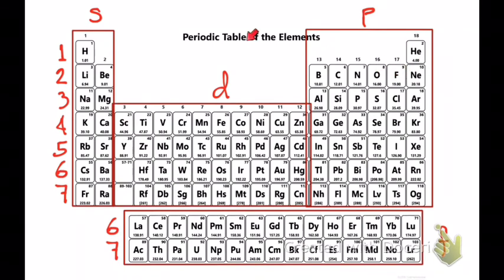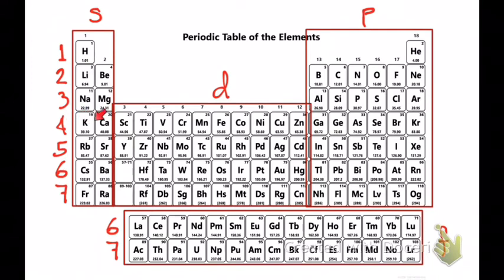So for neon, it's 1s2, 2s2, 2p6. And then we can just keep going. For sodium, 1s2, 2s2, 2p6, 3s1. And then for magnesium, it would be 3s2. And then 3p1, 3p2, 3p3, 3p4, 5, and 6.